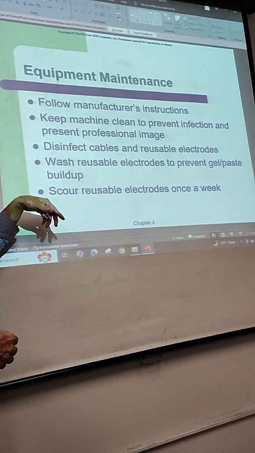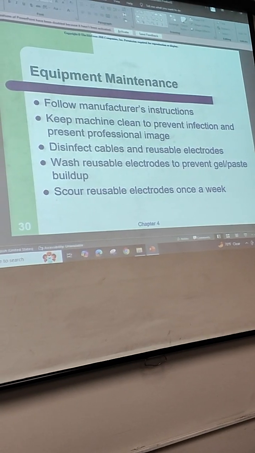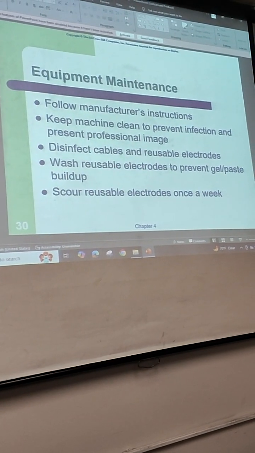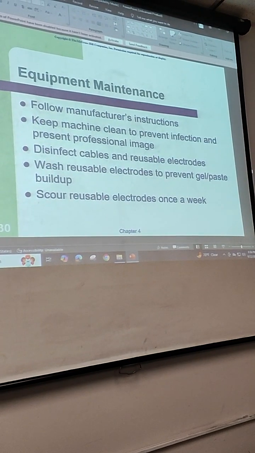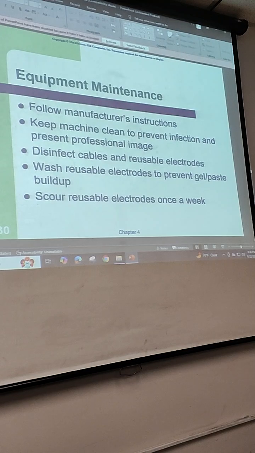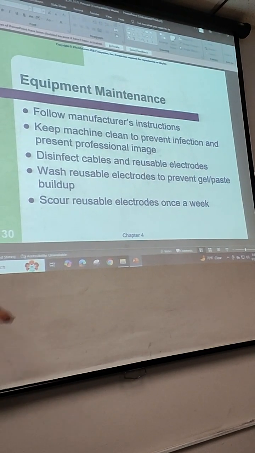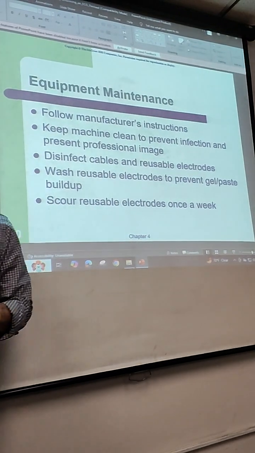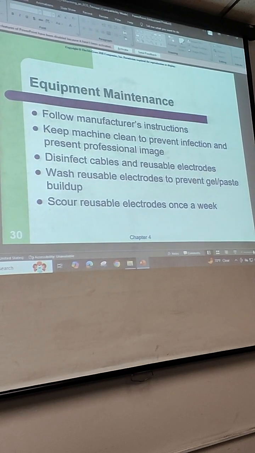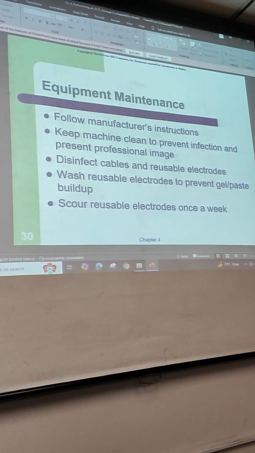What about reusable electrodes? There is no such thing anymore, because we don't use those electrodes that are like little pumps, like little rubber suction cups. We don't use those anymore. We have different ones that don't need to be cleaned that way. So that basically doesn't apply to the electrodes that we use. Back in the days, they used little suction cups, and they were reusable.